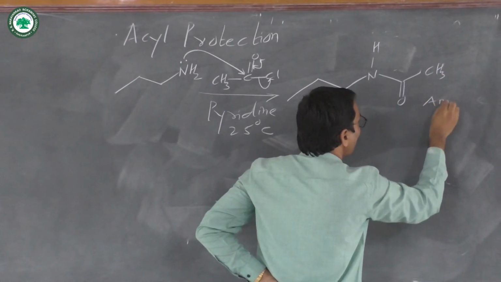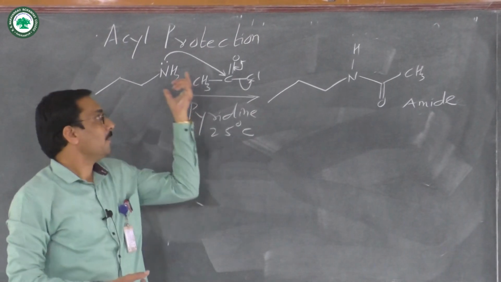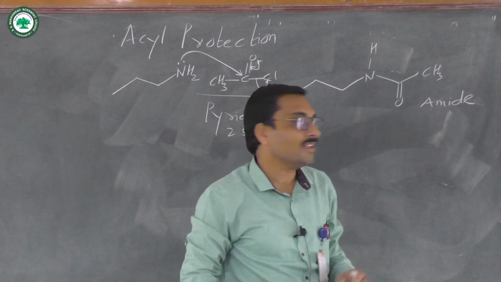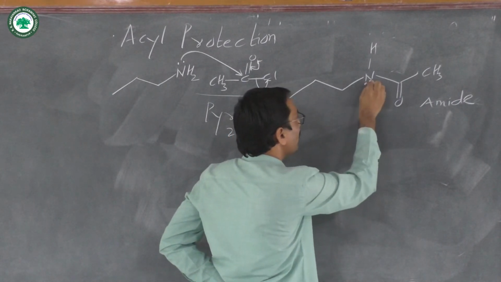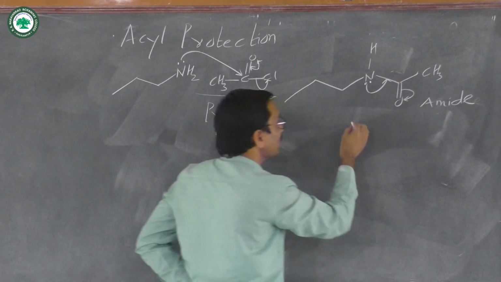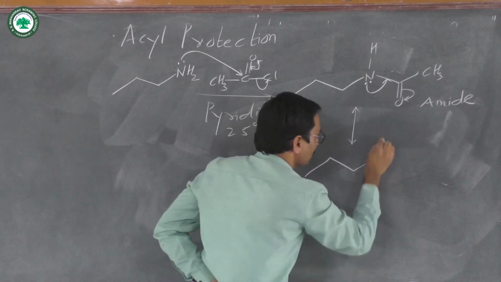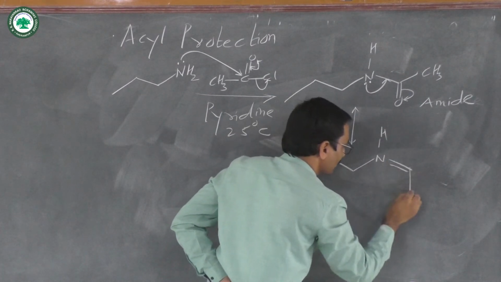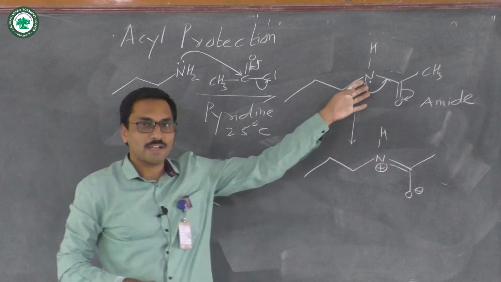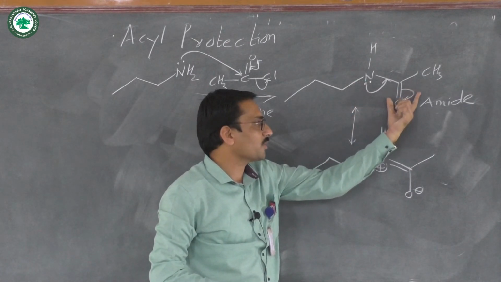We have this type of amide structure. So the amine is converted into an amide, and amides are neutral in nature. The electron pair on the nitrogen is engaged in resonance with the carbonyl carbon of this group.